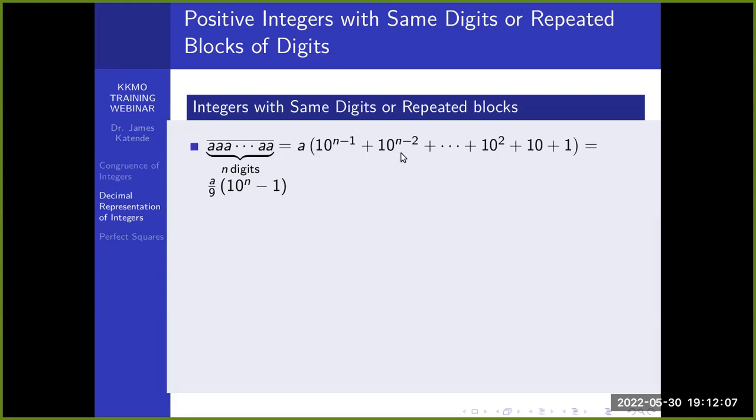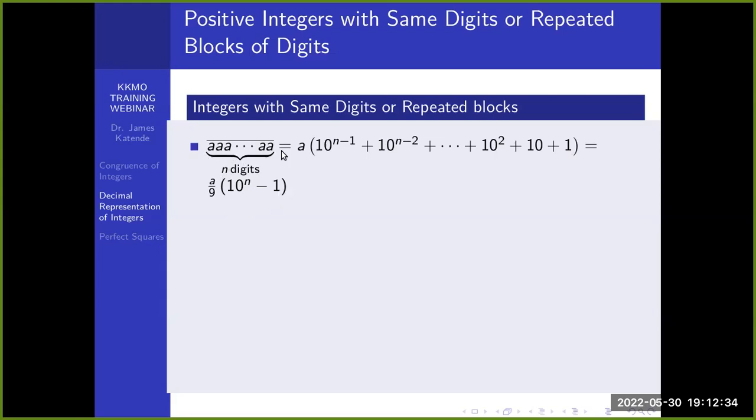So this part underlined in red can be written more compactly like that, and then multiplied by a. And that's what we have down here.